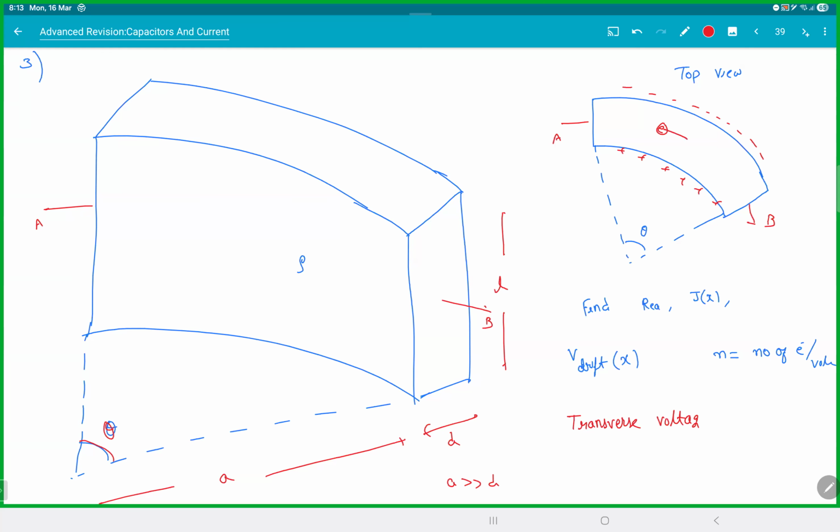When these electrons are rushing here, they will have a centrifugal force mv square by x. That centrifugal force, electrons are going outside. So because of this, electrons will accumulate here and this becomes a positive charge. So because of that, you get a voltage along the radial direction. This is called transverse voltage. So that is V inner minus V outer as function of x power n. Find n.